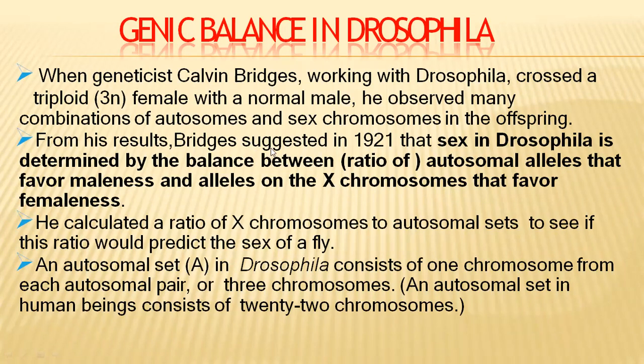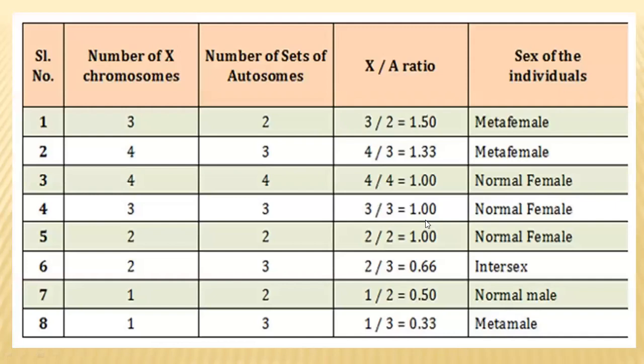So what is happening in this system? The ratio of X chromosomes to the sets of autosomes decides the sex of the individuals. So this is called genetic balance. The X chromosome number divided by the autosome set number, the X by A ratio, decides the organism's sex in Drosophila.